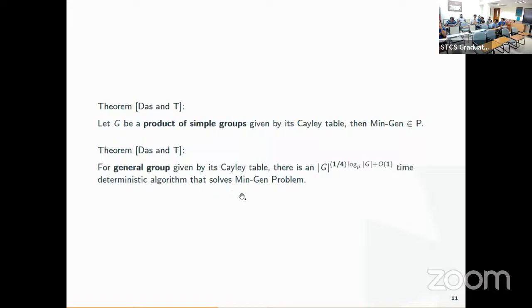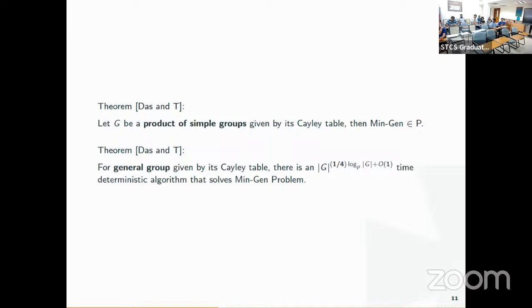How does the first one compare to the algorithm you mentioned a few slides ago, the algorithm about nilpotent groups or solvable groups, etc.? Is it stronger?